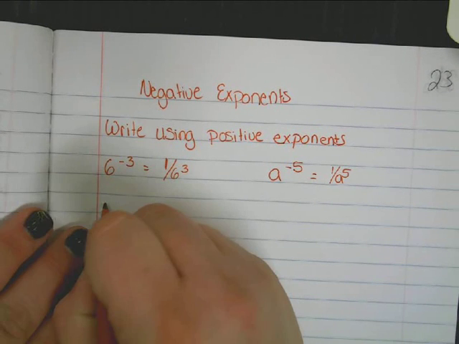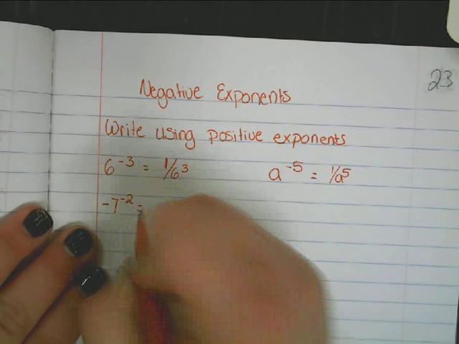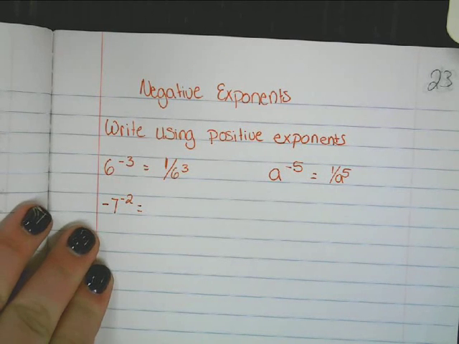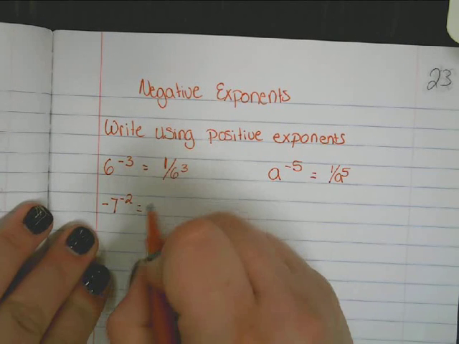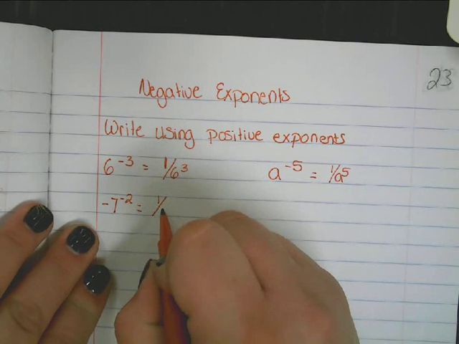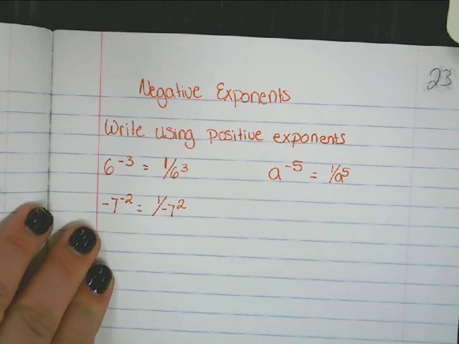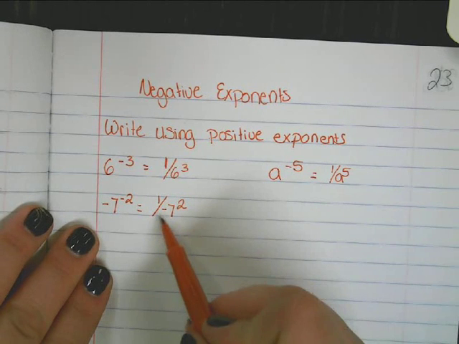What about negative 7 to the negative second power? 1 over negative 7 squared. Notice I do not drop the negative from the whole number.